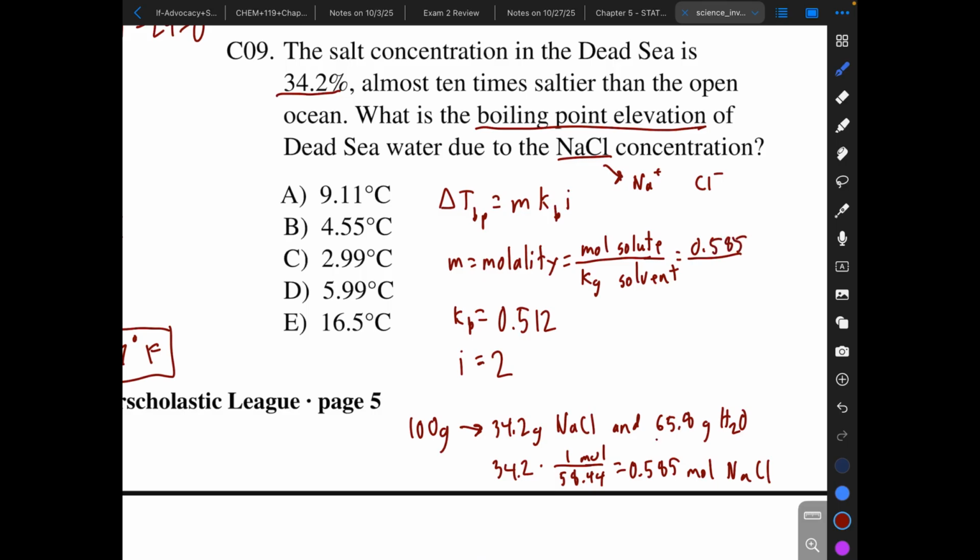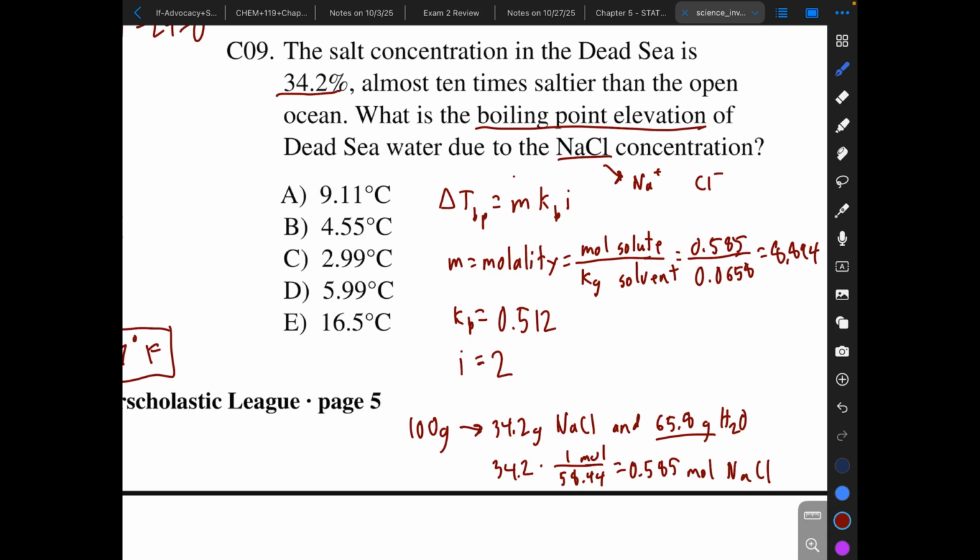And now converting from grams to kilograms is just dividing by 1,000. 65.8 grams is 0.0658 kilograms. So now the molality will be 8.894. That is the molality.